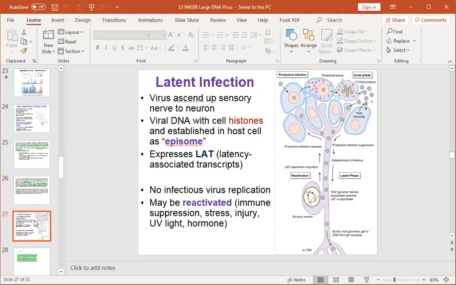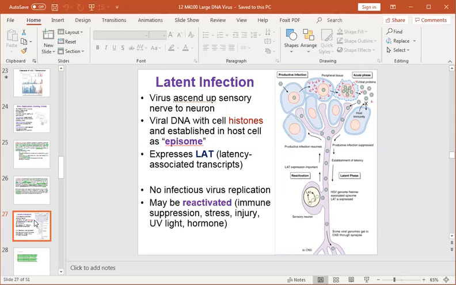The viral DNA associates or complexes with host cell histones and will set up shop, establishing itself in host cells as an episome, an extrachromosomal segment. The virus expresses LAT, which stands for latency associated transcripts. These are the transcripts, or mRNAs, that are required during the latency period of the virus.